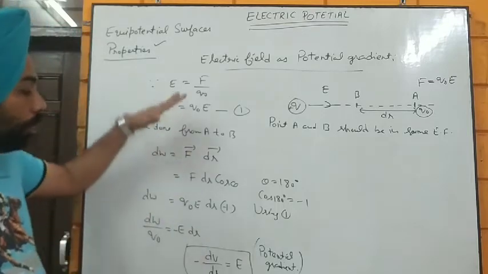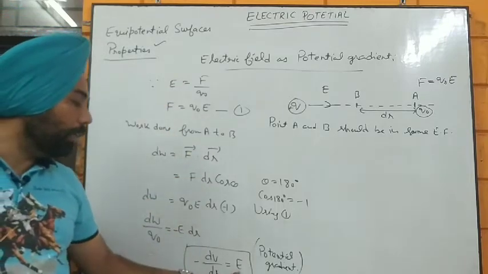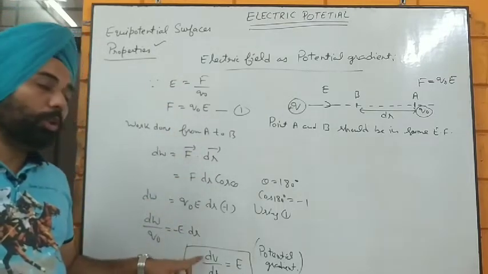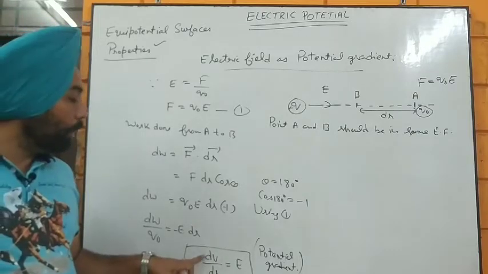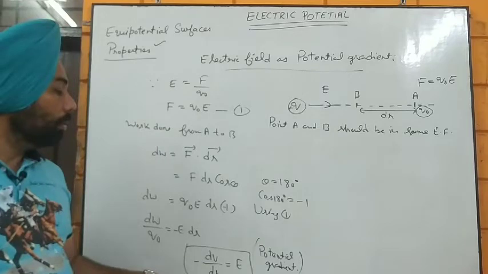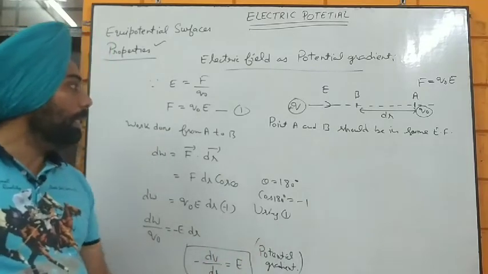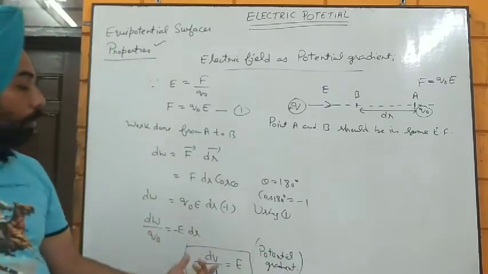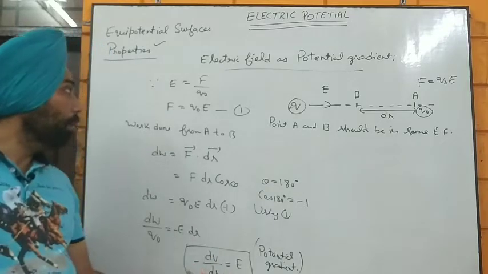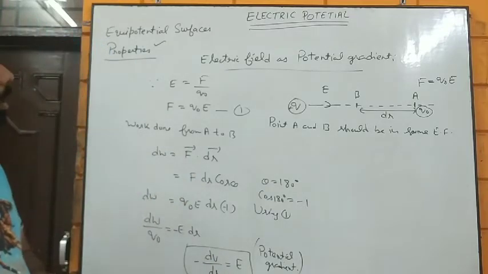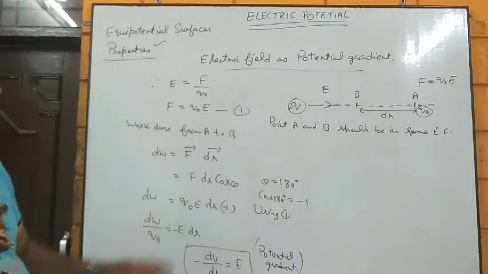Now we have proved that the formula for electric field is the rate of change of potential with displacement. That is known as the potential gradient topic, and that's very important. This formula should be in your list as well, because we are going to use it in further topics. So hope you understand that.